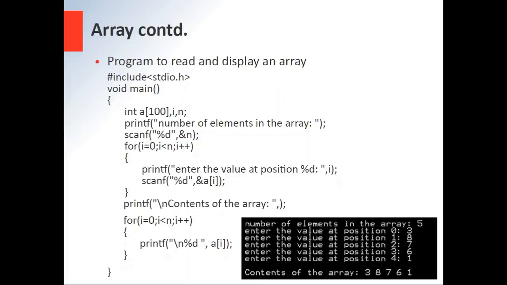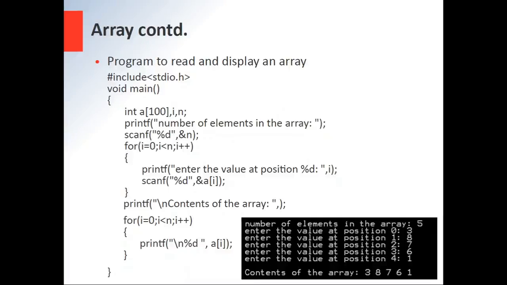First we will ask to input the number of elements required in the array, and this value is stored in variable n. Next, using a loop from I equal to 0 to n minus 1, we'll read the values to be stored in the array.